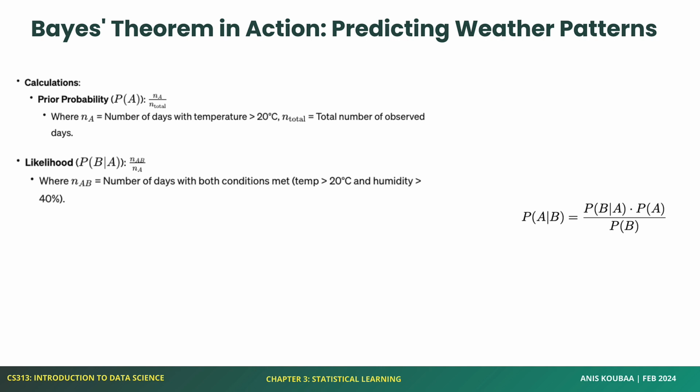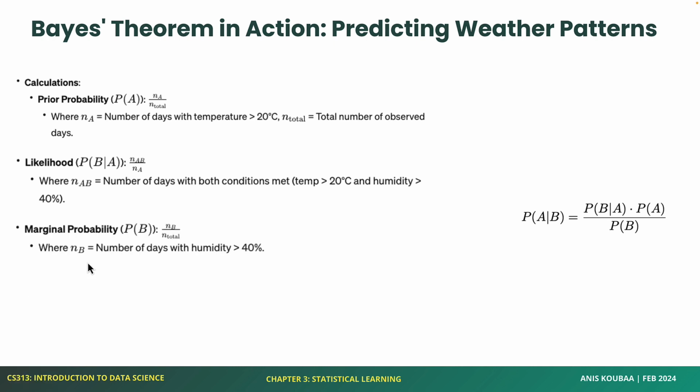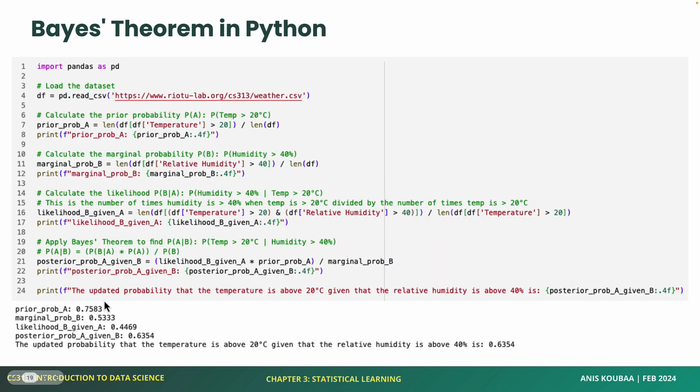Then I will calculate the likelihood, which is having the humidity given that the temperature is greater than 40. The humidity is greater than 40%. And here the updated probability, we calculate the marginal probability, NB, we do the same thing for the humidity, and then the updated probability will be this value. Okay, NAB multiplied by N total, divided by NA and NB. So let's see in practice.